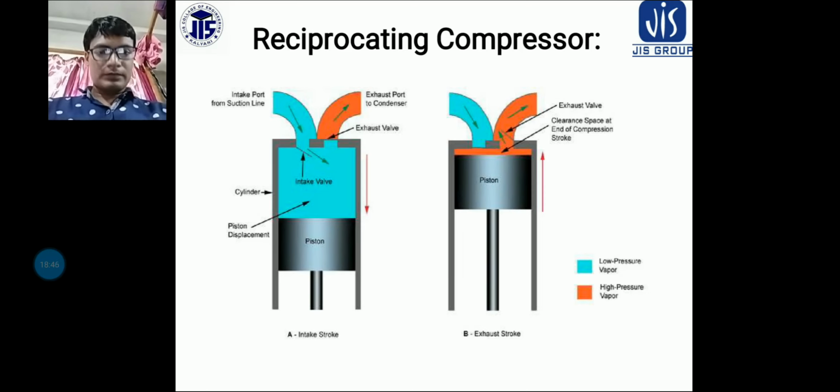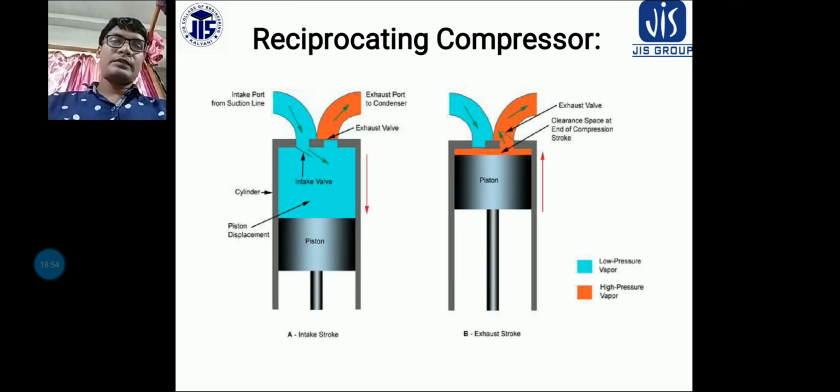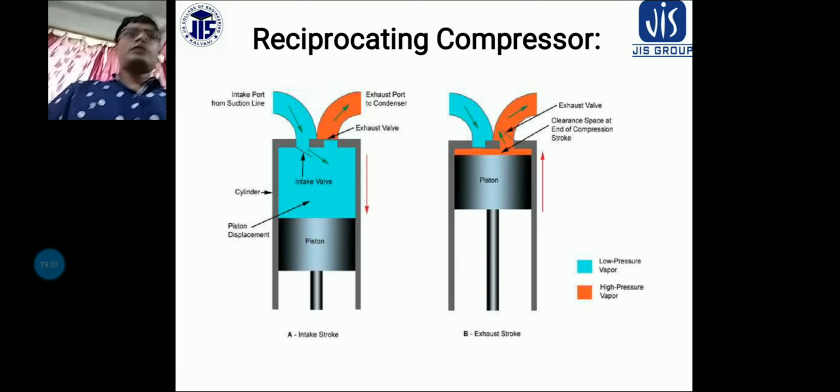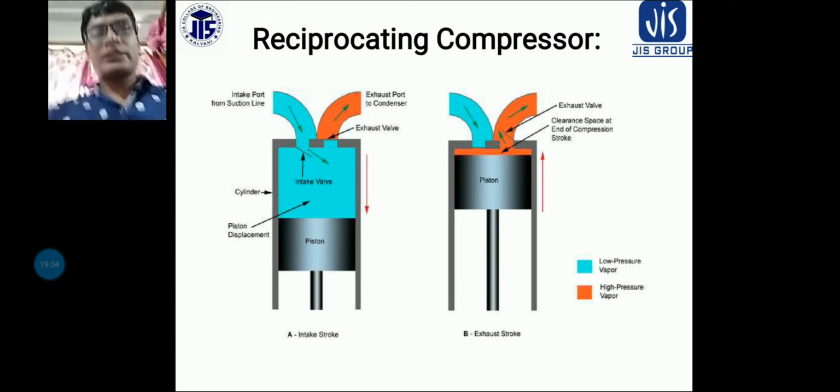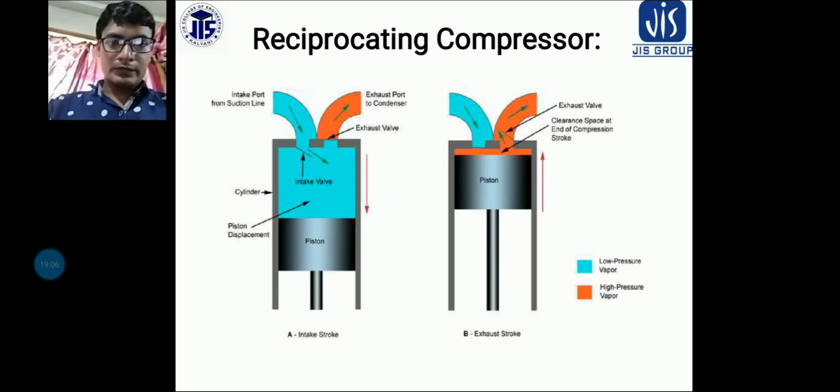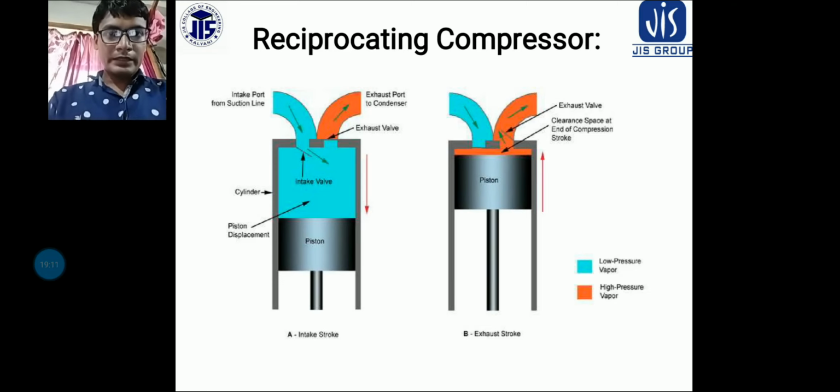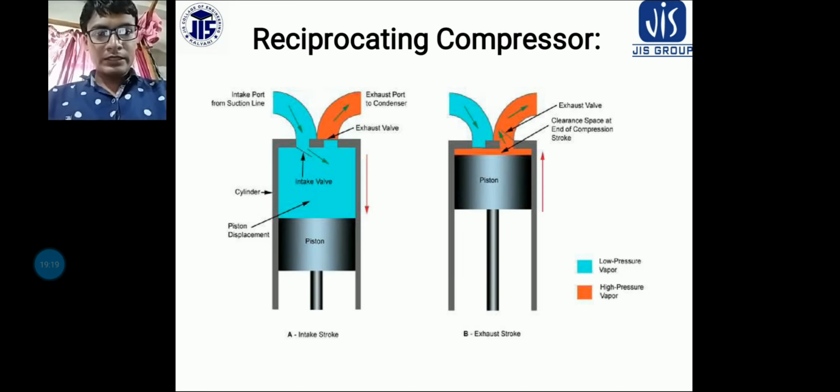Between the outlet of the evaporator and the inlet of the compressor, we have low pressure, low temperature vapor refrigerant, and the absolute pressure of the refrigerant at the inlet of the compressor is known as the suction pressure, denoted by PS.